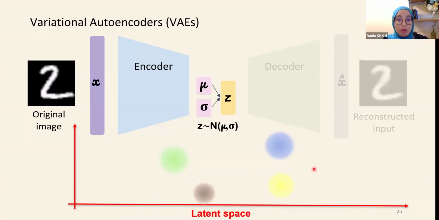If I randomly select any point in the latent space and sample from it, we should still obtain a meaningful reconstruction. It's not like I check some random point and it gives me, like before, a random-looking, noisy, or garbage output.